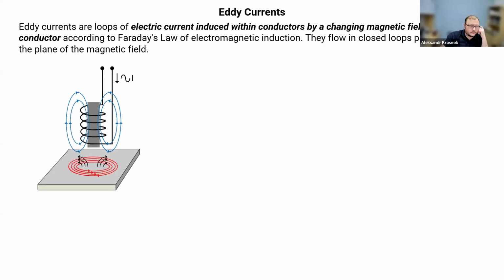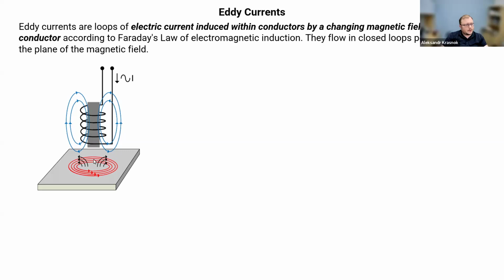This is the schematic picture of this. So you have some coil driven by time varying current. This time varying current creates time varying magnetic field everywhere around this coil, including the metal.